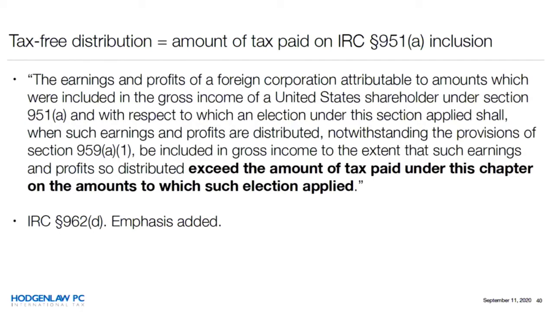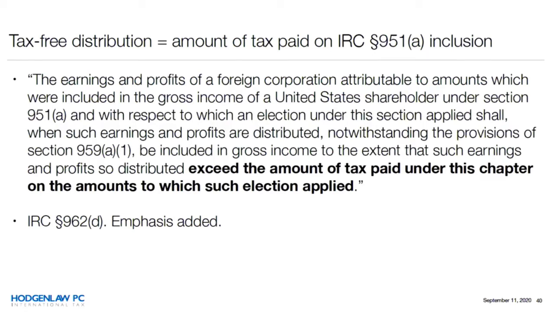So it says, starting from the phrase Section 959(a)(1), when such earnings and profits are distributed, you include in gross income to the extent that such earnings and profits, which means the amount distributed to you, exceed the amount of tax paid under this chapter, meaning the income tax chapter, on the amounts to which such election applied. Such election is the 962 election.